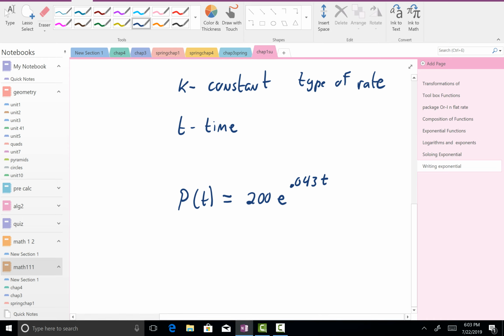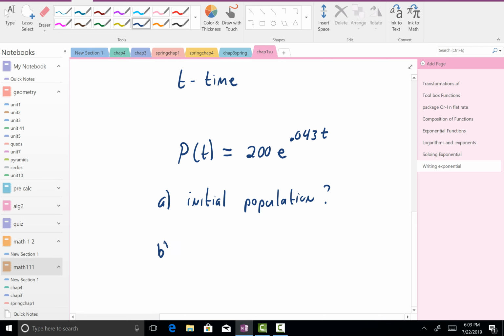All right, so for instance, they're going to say, hey, what's the initial value of this thing? What was the initial population, whatever this models? They might ask you what the growth rate is.